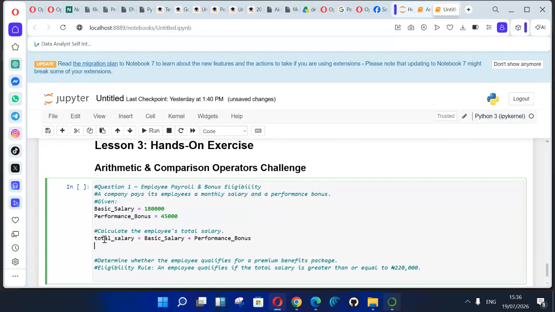So now let's print this. We'll say print total salary. If I want to add the naira sign, I can actually add it.